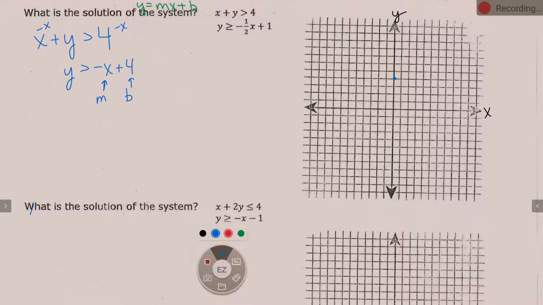What is my slope? The invisible number here in front of x is negative 1. So negative 1 as a fraction is negative 1 over 1, rise over run.